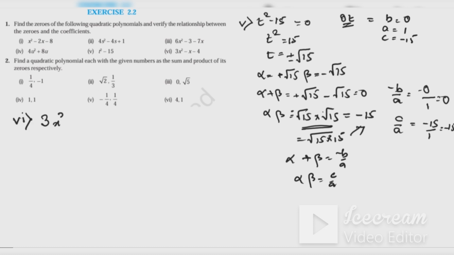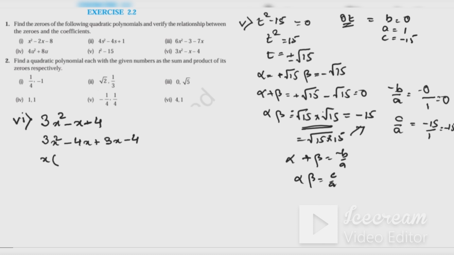Now, coming to question number 6, the last part of the question. 3x square minus x minus 4. Right? So, here again, I come to this 12, where the difference I will have as 1. So 3x square minus 4x plus 3x minus 4.